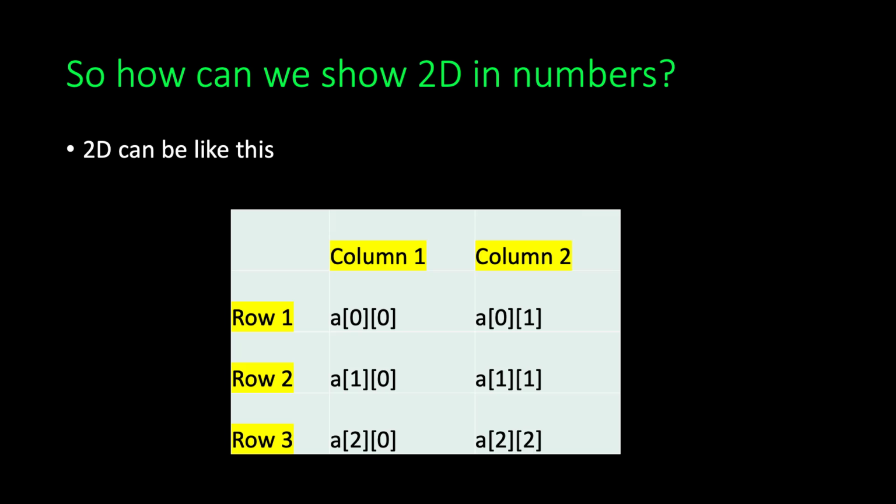We can write a two-dimensional array like A00, A01. The array always starts with number 0, which is basically saying my 0th row and 0th column, or my 0th row and first column.